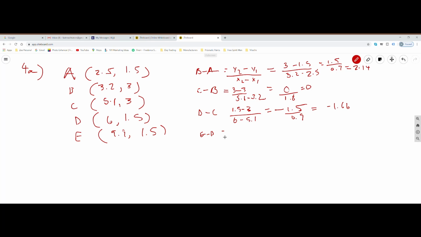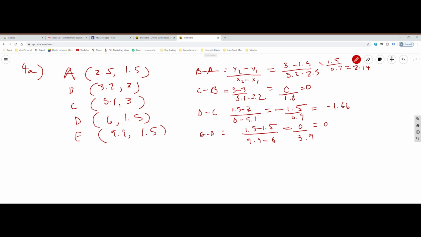And then we are going to do ED, which is 1.5 minus 1.5 over 9.9 minus 6, which is equal to 0.